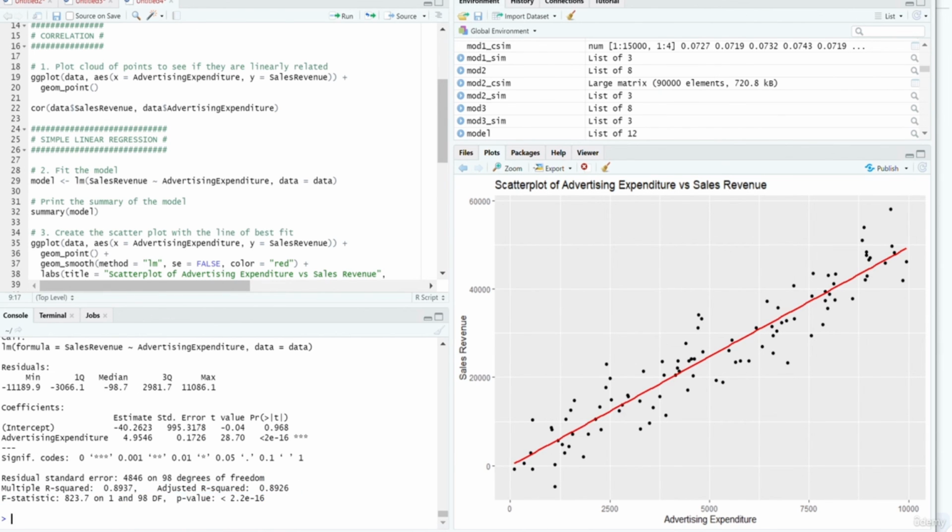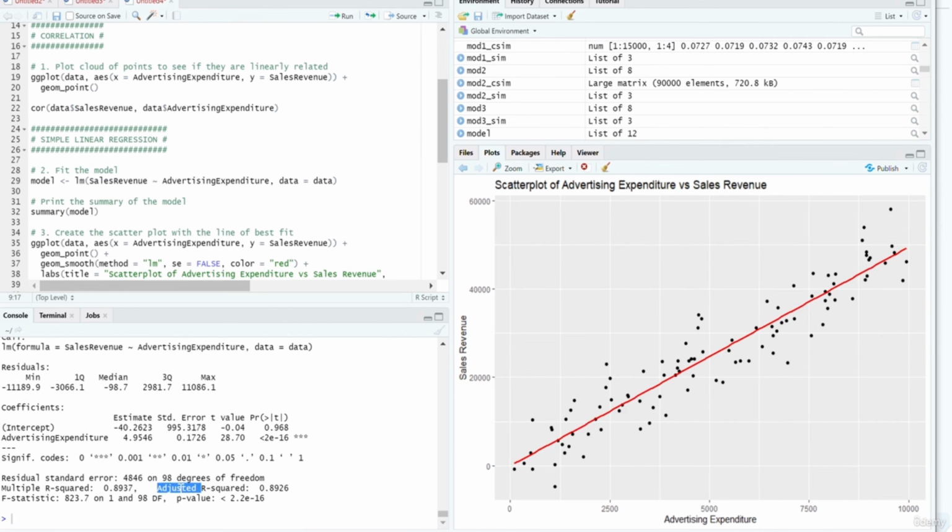The one thing we need to take note of is the adjusted R squared, or actually in this case, what really matters is the R squared. What R squared is, essentially, is that we calculate the correlation between these two variables, and then take that correlation and square it. So this R squared should be the correlation between these two variables squared.